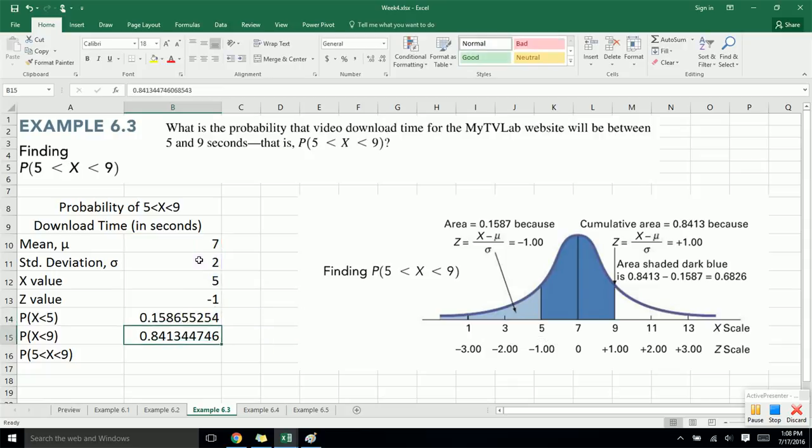Close parenthesis and enter. So the probability is 0.158. To get the probability of x being between 5 and 9, we just need to deduct this from this one. So let's do that. Minus. So the probability of x being between 5 and 9 is 68%.